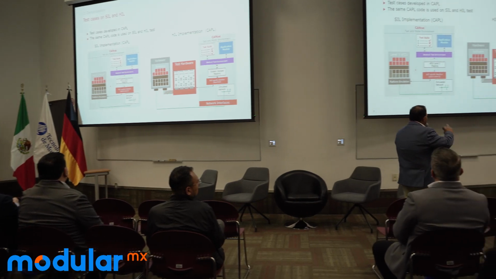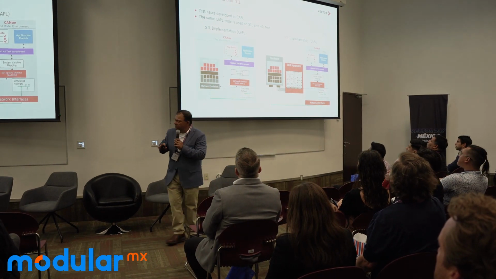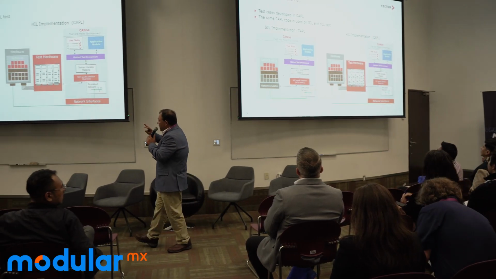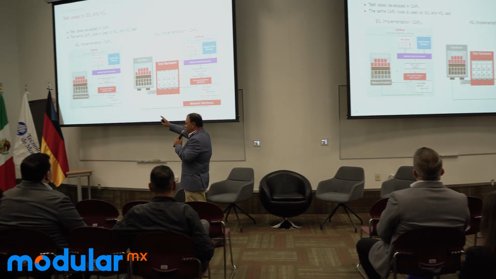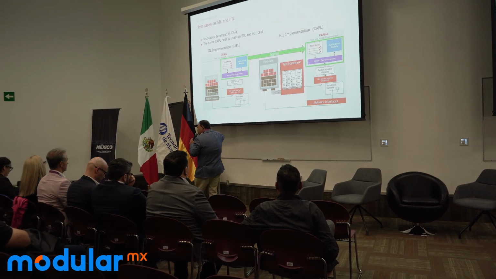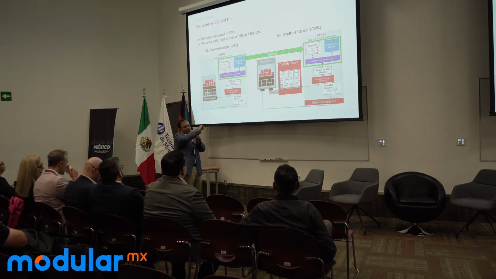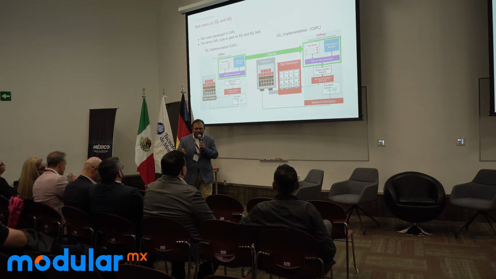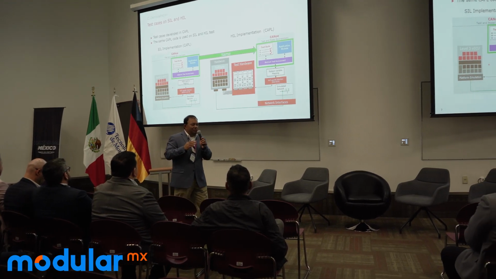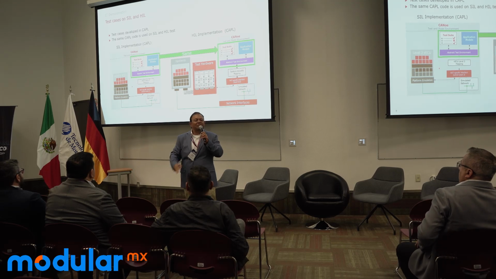You may notice here in our test environment, which is GNU, we have already the test suite that we developed on the SIL side, which is pretty much the same that we will be reusing on the HIL side. These two processes in the real world, those are like months apart. Those even are different departments.